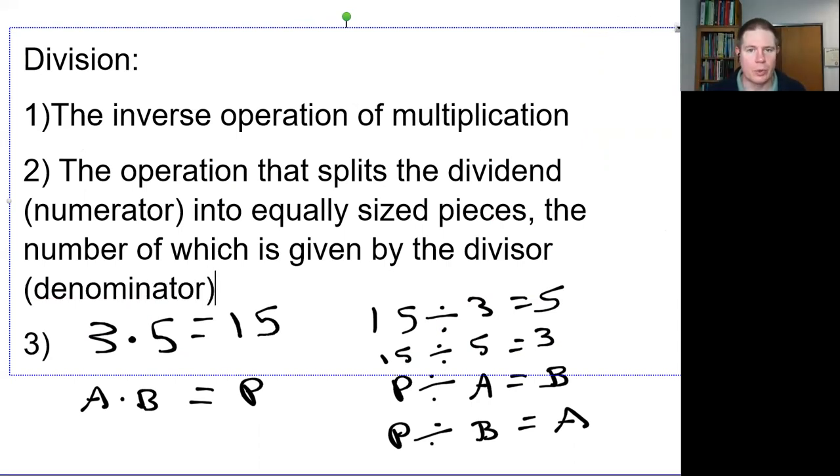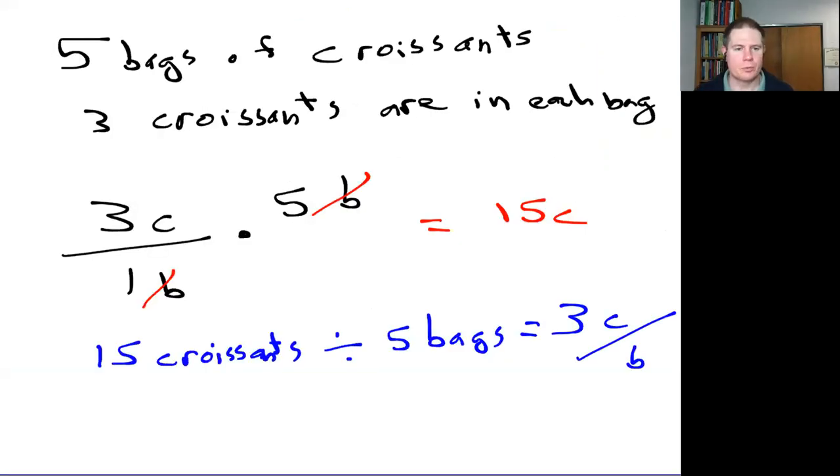Okay, so let's look at that. We've got some dividend, a starting number, 15 croissants. And I'm dividing that up into equally sized pieces, right? We're assuming each bag holds the same number of croissants. Right? That's not always true when you go to the store, right? But in these idealized situations, we're assuming everything's of uniform size.